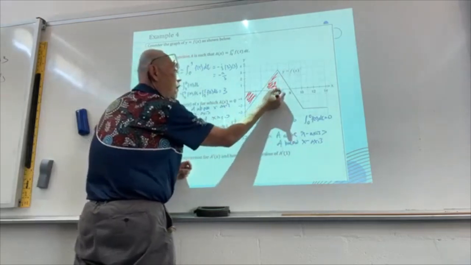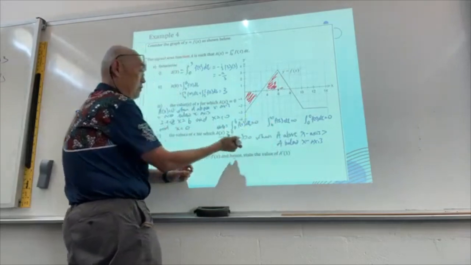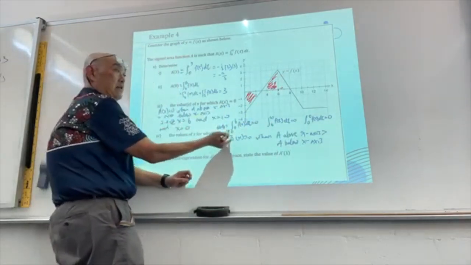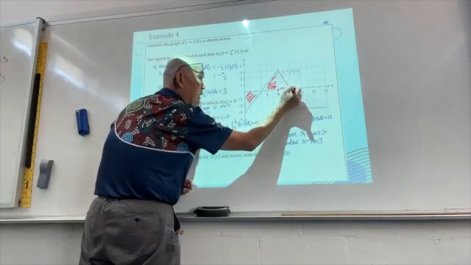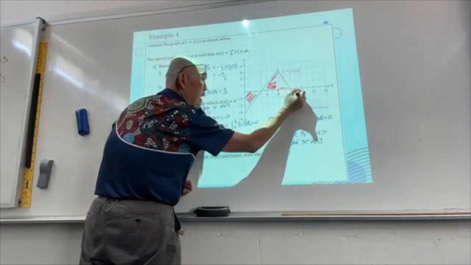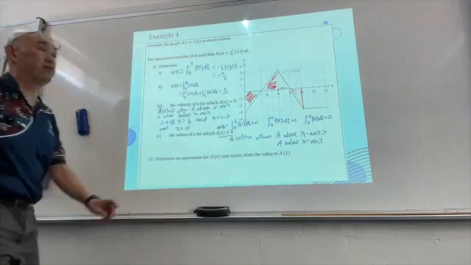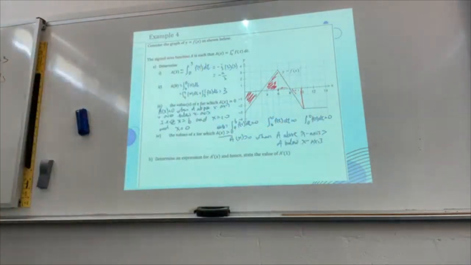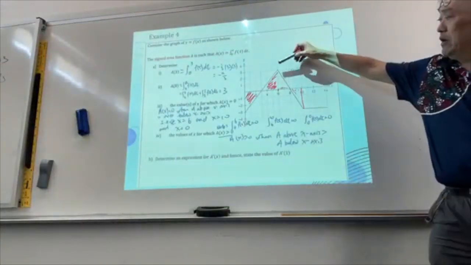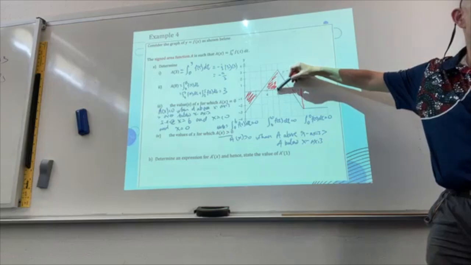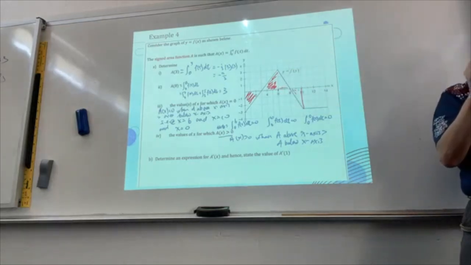So therefore, from this point onwards, the area will be greater than 0. Here, the area is still greater than 0 until you get very close to 10. At 10, it becomes 0. So therefore, for the area to be greater than 0, it must not include x equals 6 and x equals 10, because at those points area equals 0.